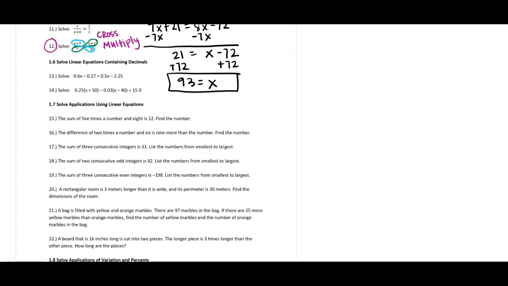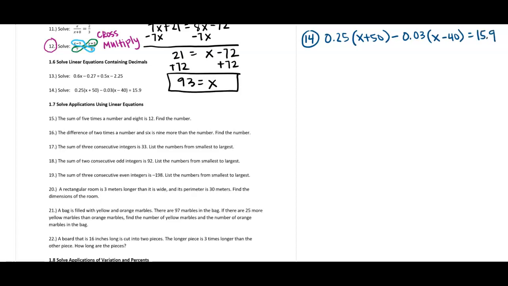Maybe let's look at number 14. I'll do it over here. Okay, so this one says 0.25 times the quantity x plus 50, minus 0.03 times x minus 40 equals 15.9.